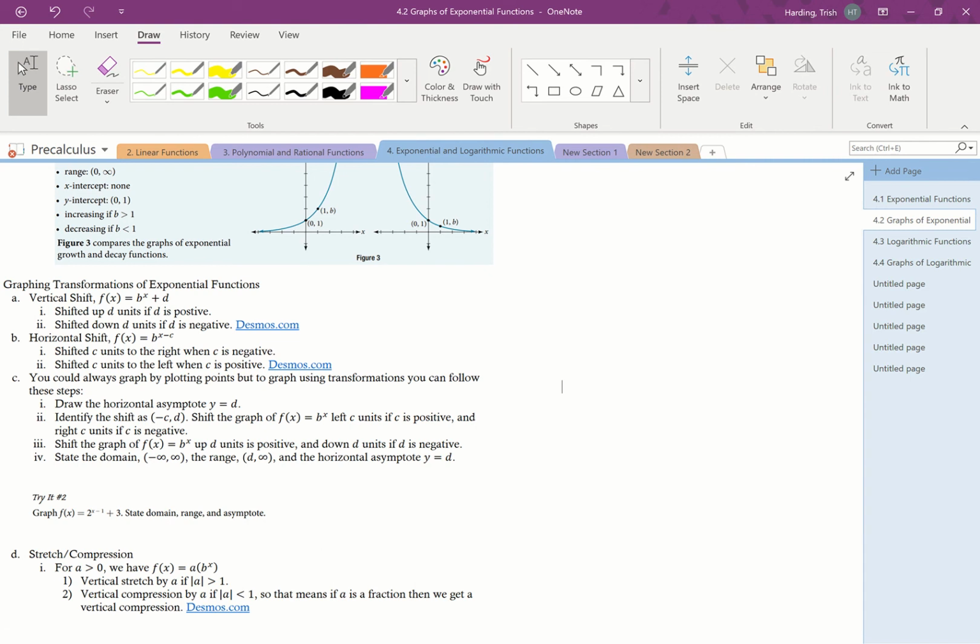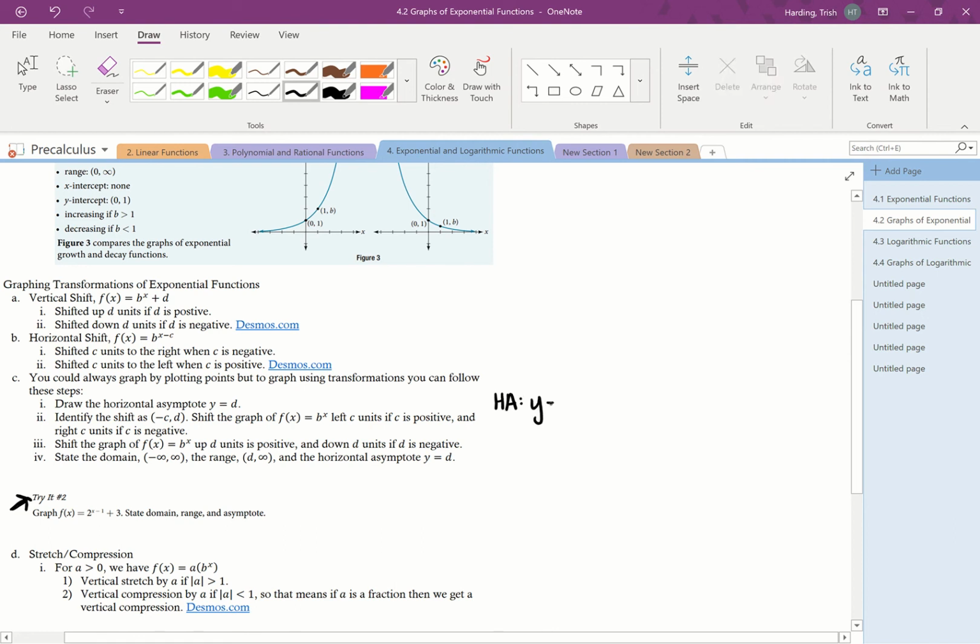All right, so let's have a look at number 2. Try it number 2. So we will have a horizontal asymptote, HA, at y equals 3 because we have this d here of 3.